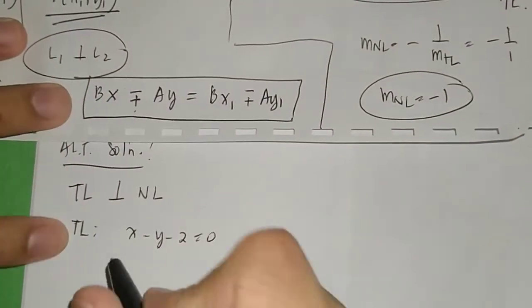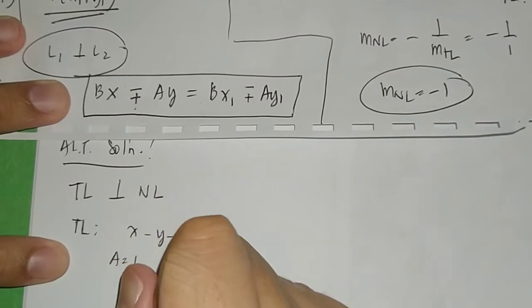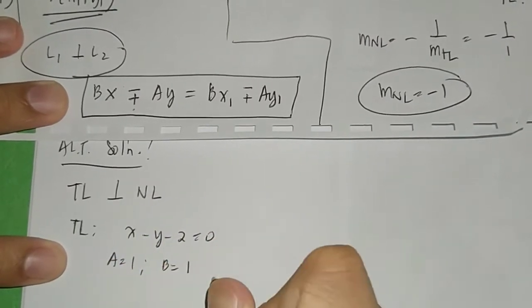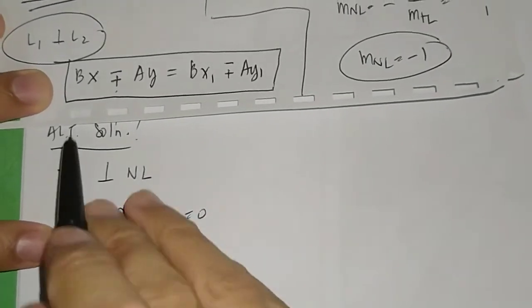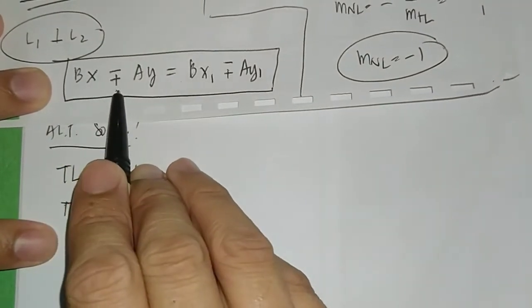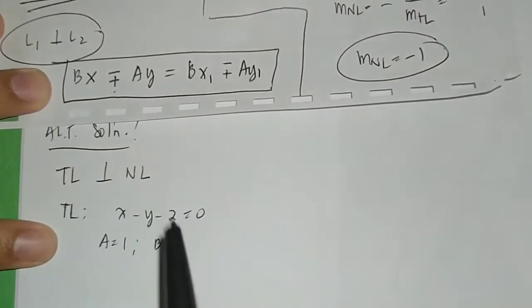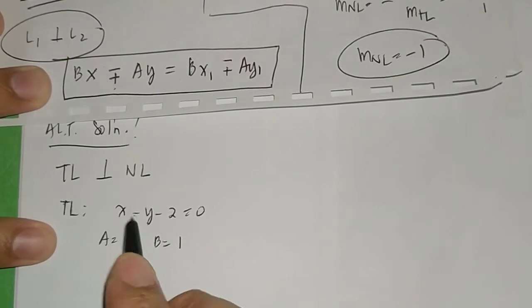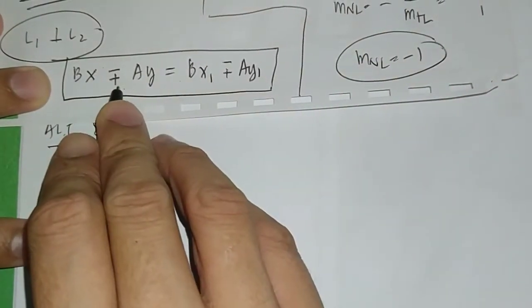So in this case, a is 1, b is 1. So using that, bx minus plus ay. So if it is minus here, there should be plus in between.